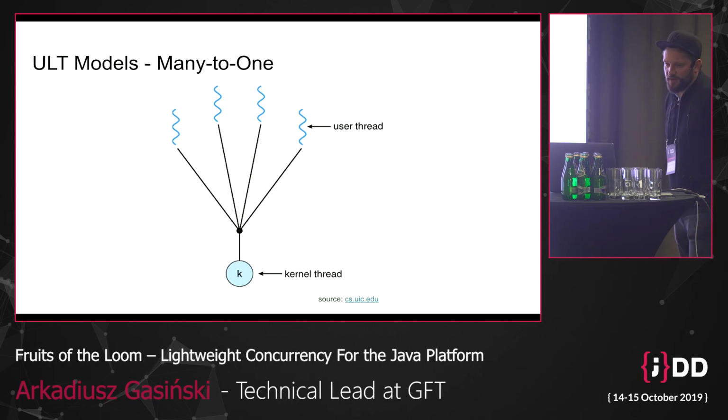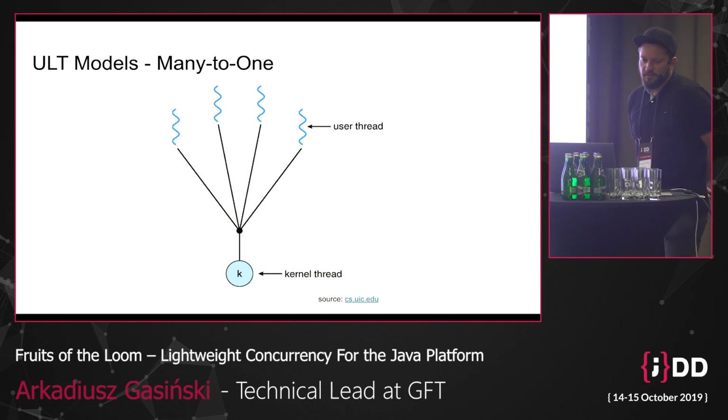In the many-to-one model, we basically have a set of threads that are living in the user space and that are mapped onto a single kernel level thread. User thread scheduling is handled by the thread library rather than by the kernel or operating system. This is very fast and efficient, but it has the limitation that whenever any of these threads makes a blocking system call, it blocks all other threads as well.